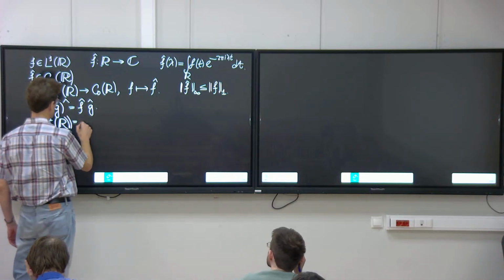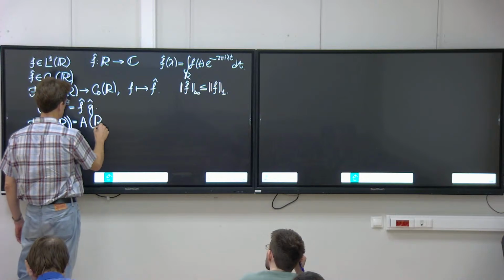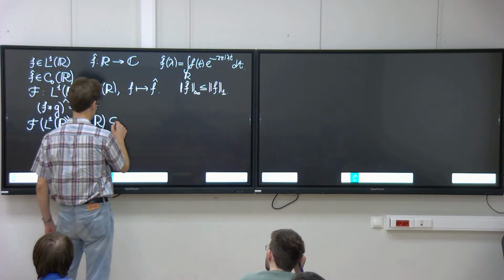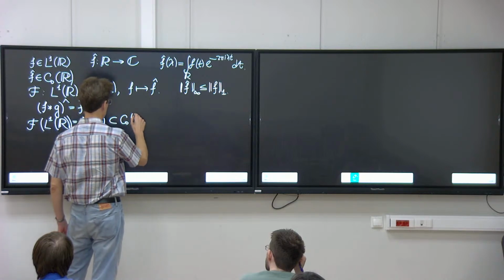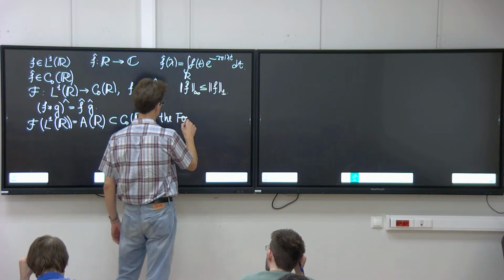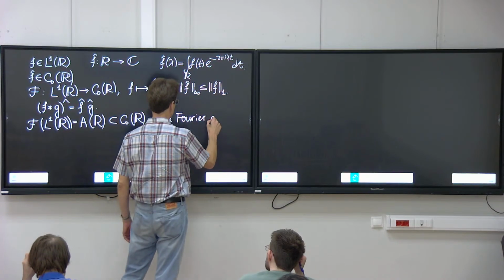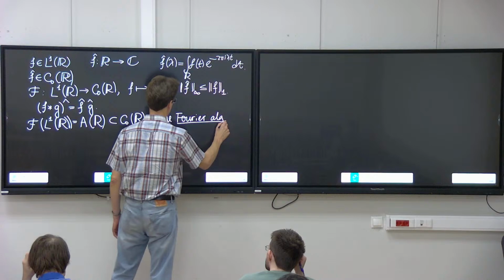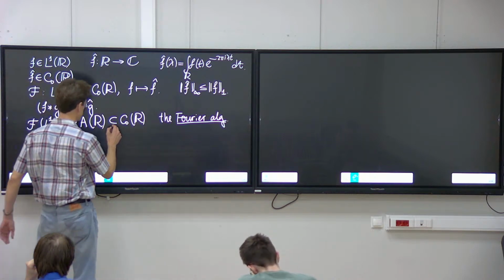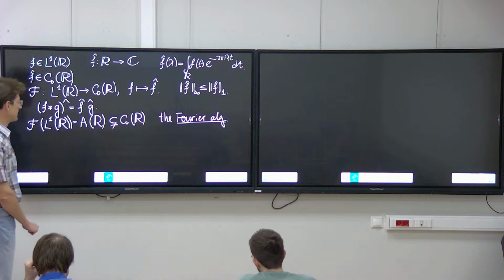It is usually denoted by A of R. So it is a subalgebra in C0 of R, and it is called the Fourier algebra of R. Another useful exercise is to show that the Fourier transform is not surjective, so this algebra is a proper subalgebra in C0 of R.